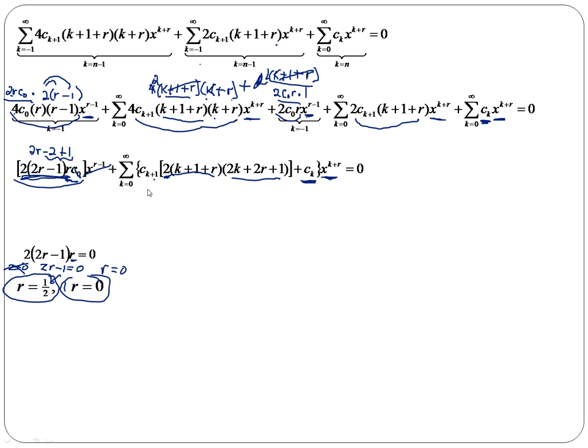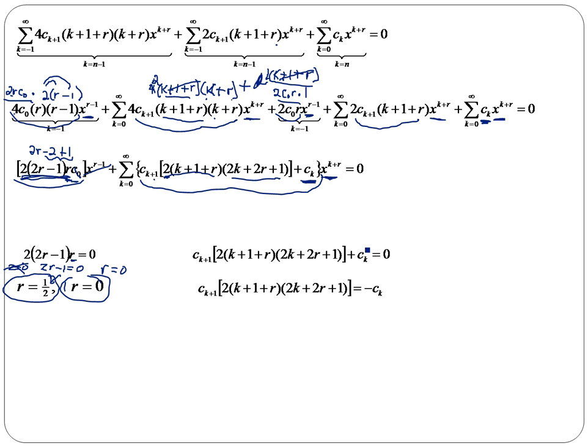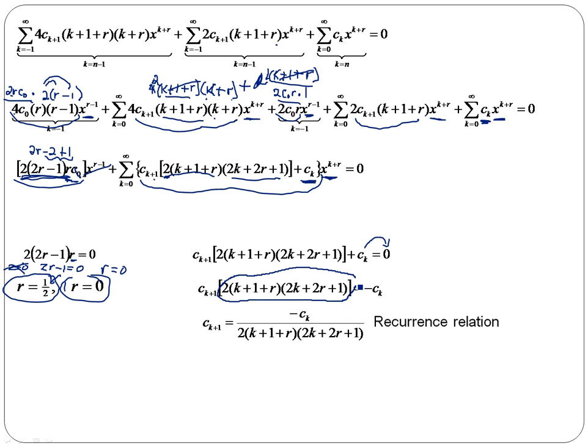Okay, so if I take this coefficient of x to the k plus r and set it equal to 0, I can solve for c_(k+1) by bringing the c_k to the right side of the equation, and then by dividing by all of this. This all comes down to the denominator. And here's my recurrence relation in terms of k and r.